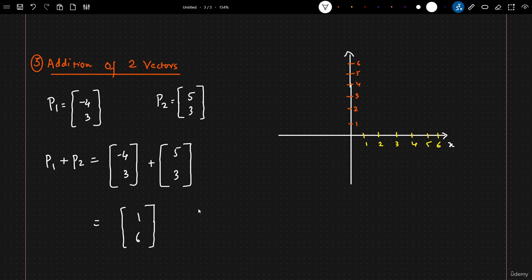Now what does adding these numbers actually specify? Let me do one thing. Let me extend this line so that we will also have the negative values, and here also we'll have the negative values. So here I will be having -1, -2, -3, -4. Similarly here I'll be having -1, -2, -3, -4, -5.